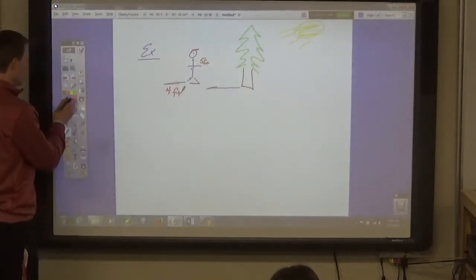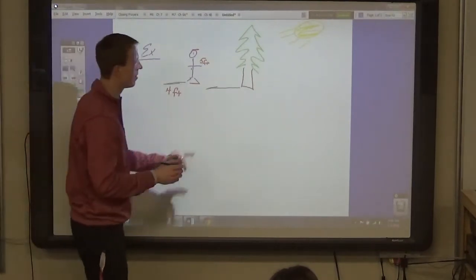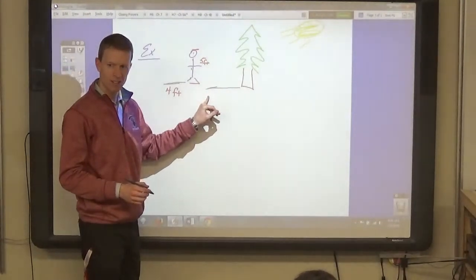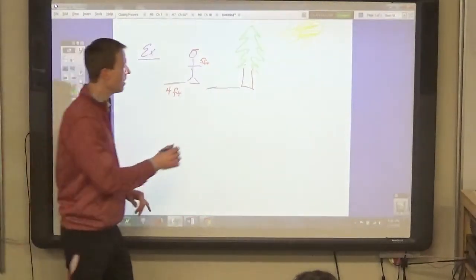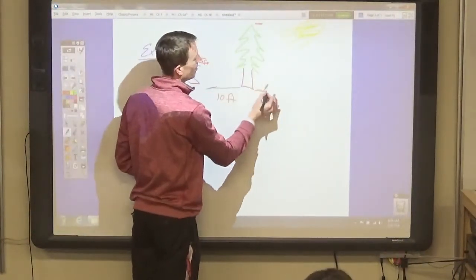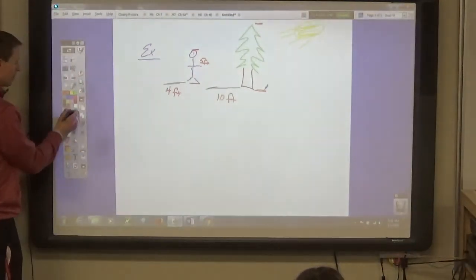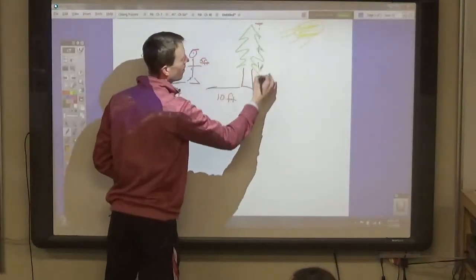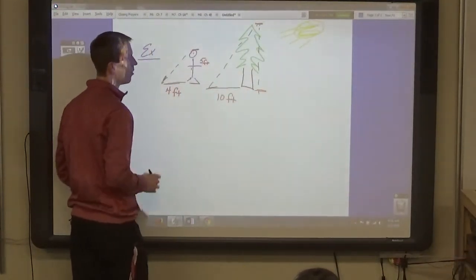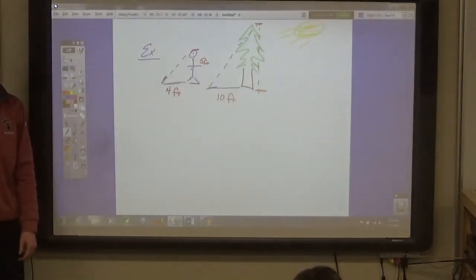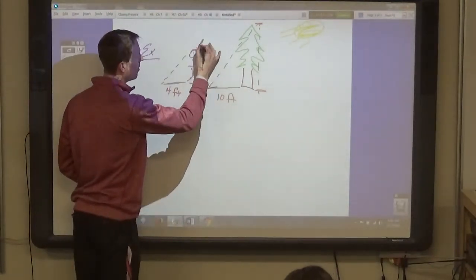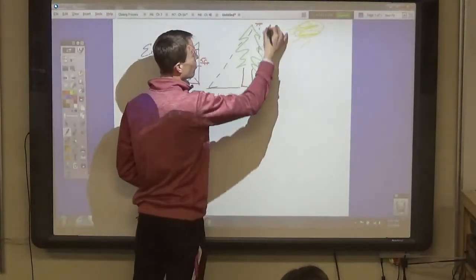Now, in your genius math mind, you decide, if I measure the length of the shadow of the tree, which is 10 feet, I can find the height of the tree. Because the height of the tree creates a triangle with the shadow, and the height of the person creates a triangle with the shadow. And they're proportional. So these are similar figures, aren't they?